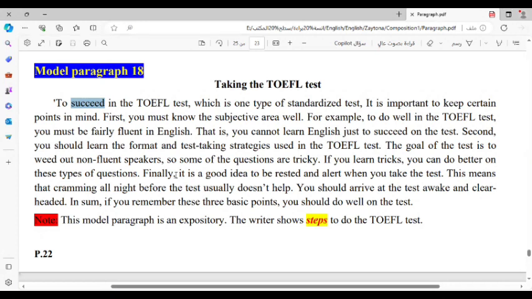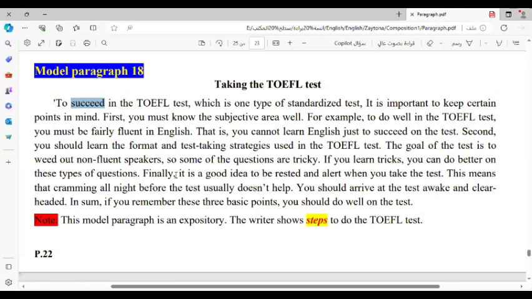So it is a verb, to succeed, like لتنجح in the TOEFL test, which is one type of standardized. What is the meaning of standardized test? مثل نموذج موحد يعني. Yes, very good.